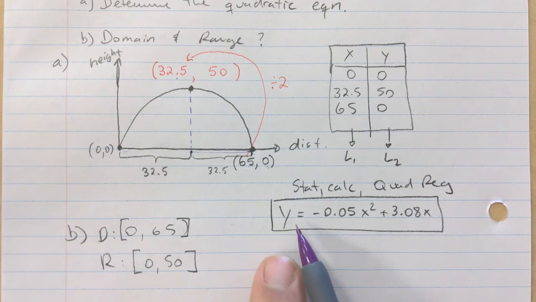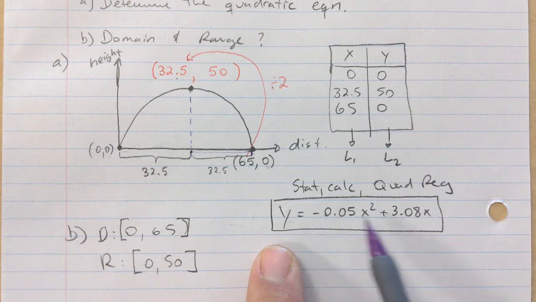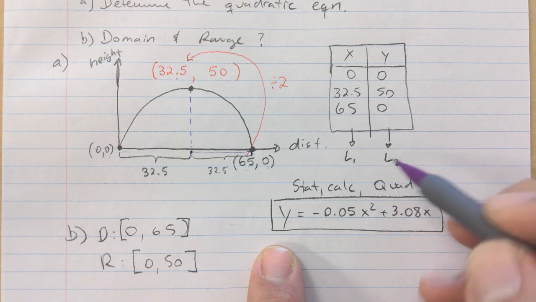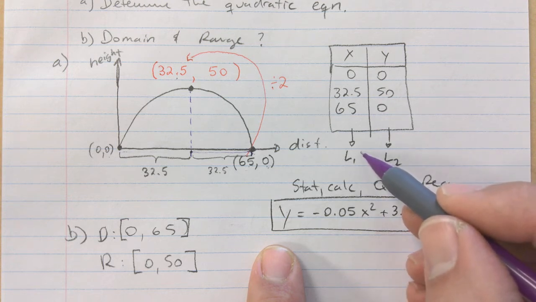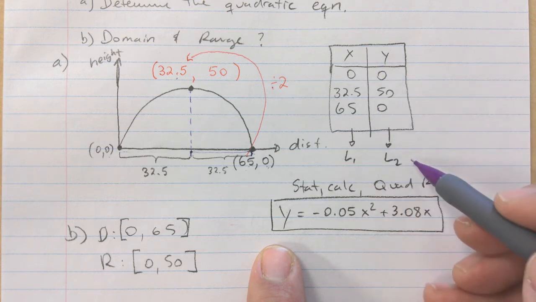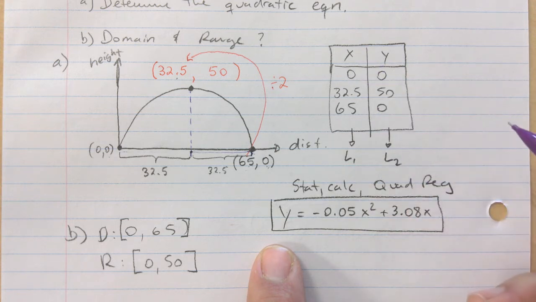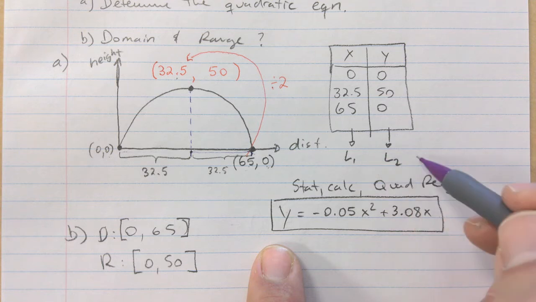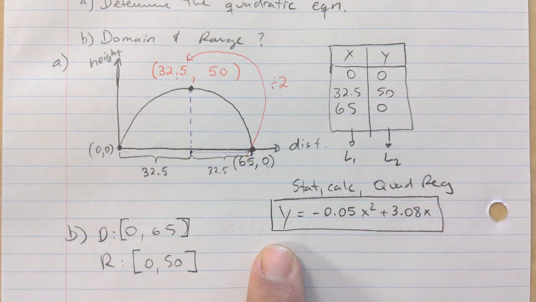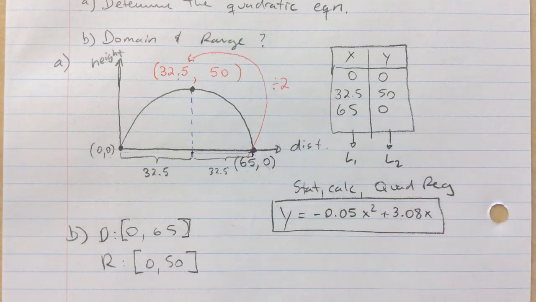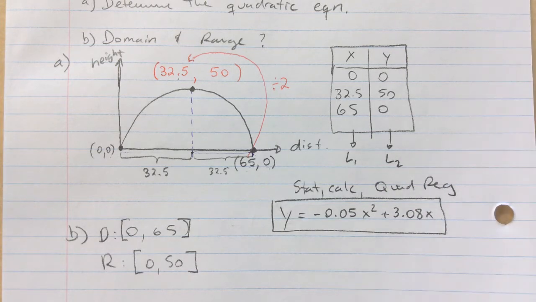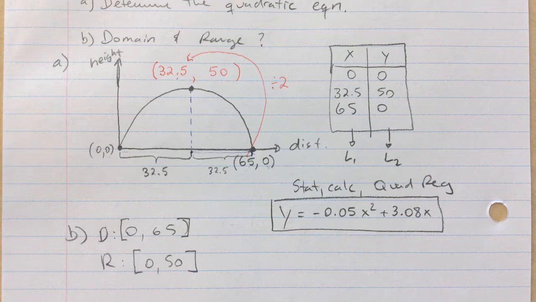If you want to use a different letter other than Y and X, I would suggest you write it down somewhere here. So for example, if you wanted to use D for X and H for height, that's fine. Just write it down here and then use those letters in your equation if you'd like. But this would be very, very good enough labeling and everything.